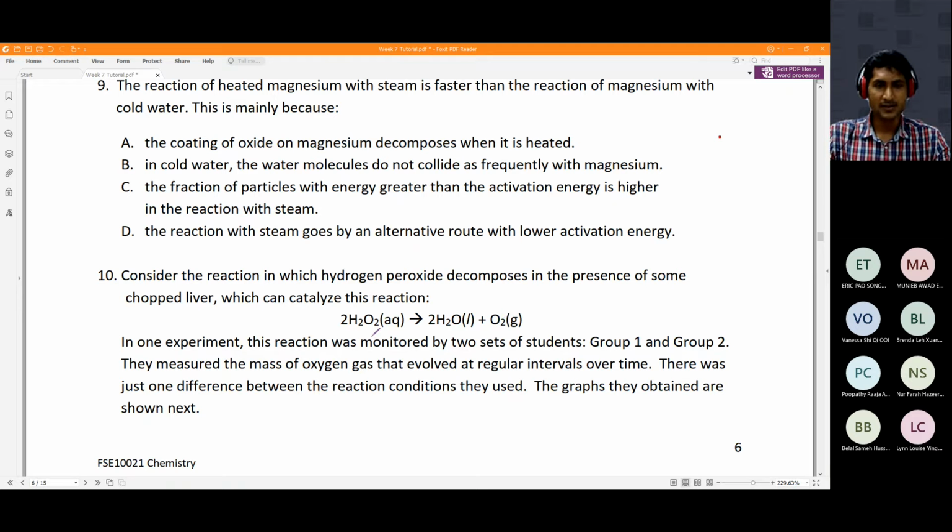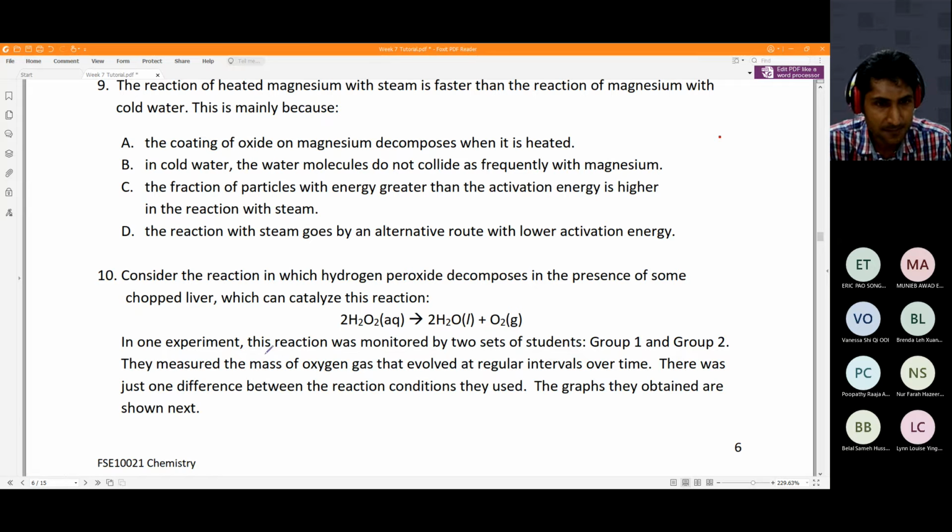Hydrogen peroxide always decomposes and gives us oxygen, and that is why it is a very strong disinfectant and also a strong bleaching agent. It has very high bleaching capability, hydrogen peroxide.